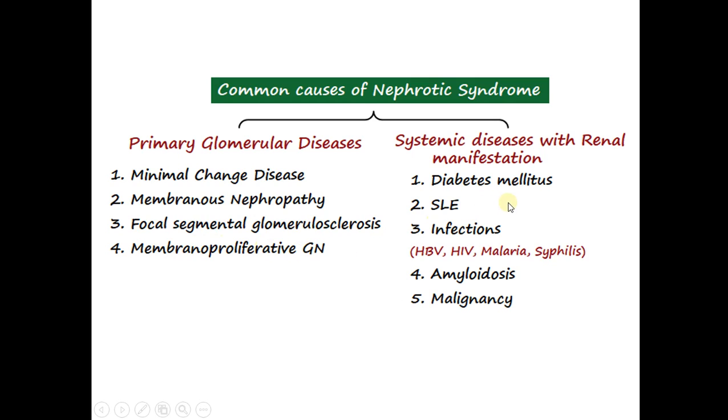Systemic diseases that are associated with secondary damage to the glomeruli and nephrotic syndrome, the most common are diabetes mellitus, systemic lupus erythematosus, various infections, for example, hepatitis B virus infection, human immunodeficiency virus infection, and diseases like malaria and syphilis, and conditions like amyloidosis and sometimes malignancy.